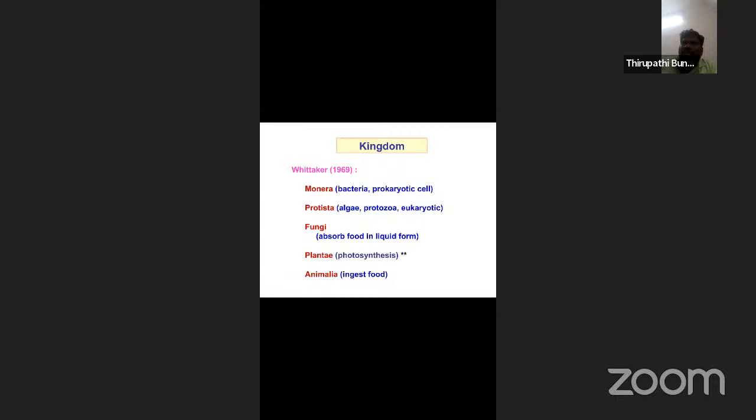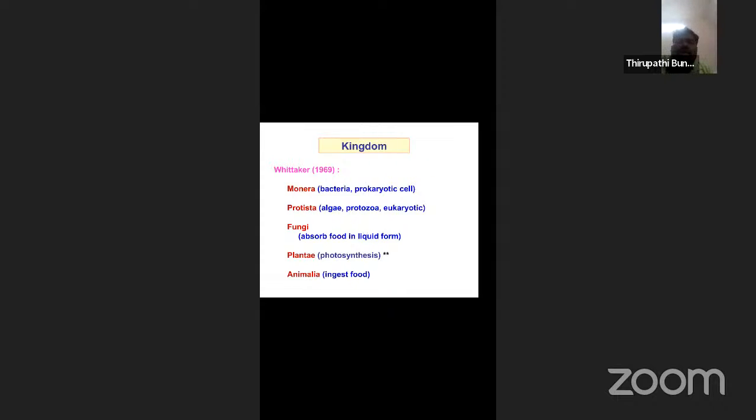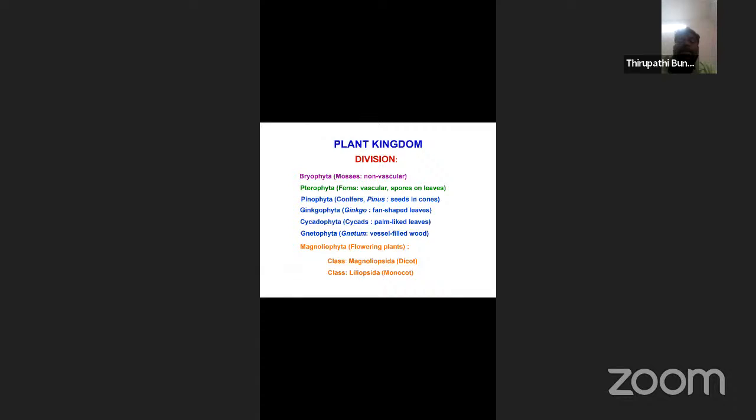Next, division. Bryophyta means mosses, non-vascular plants. This category of plants does not show vascular tissue, meaning xylem and phloem. Next, Pteridophyta, that is ferns, vascular plants, which show spores on leaves.